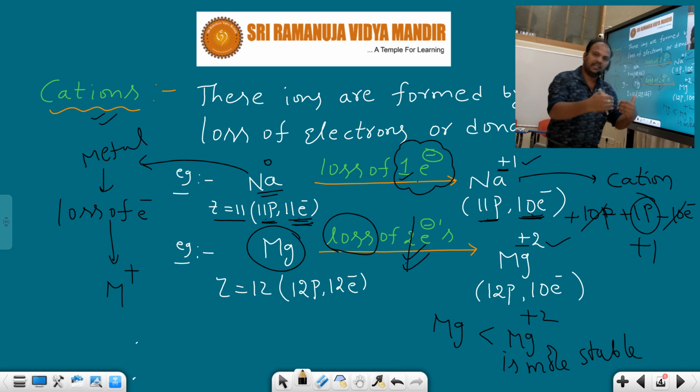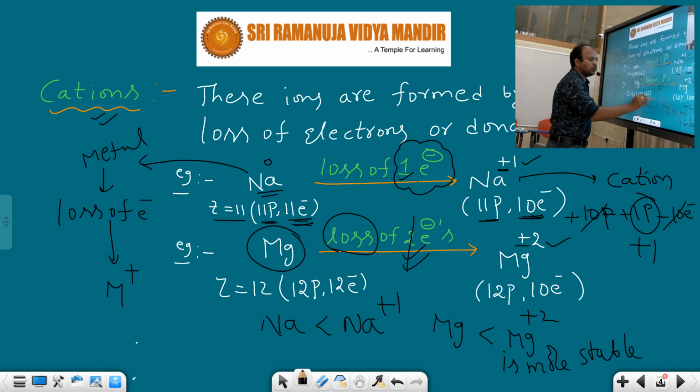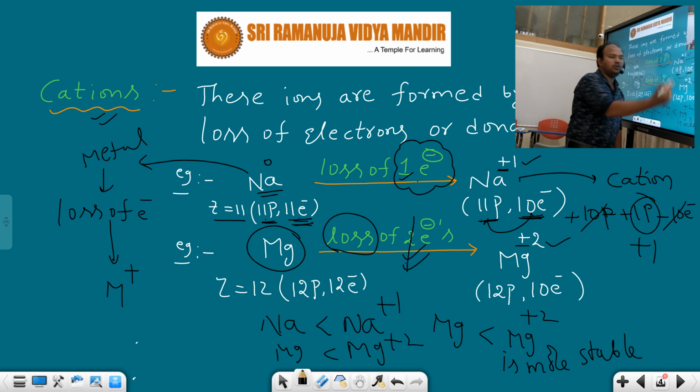It attains stability. Compared with the sodium atom, sodium +1 is more stable. Compared with the magnesium atom, magnesium +2 is more stable. For stability, atoms can be converted into ions. In cations, compared with the electron number, the proton number is more. That's why it gets a positive charge.